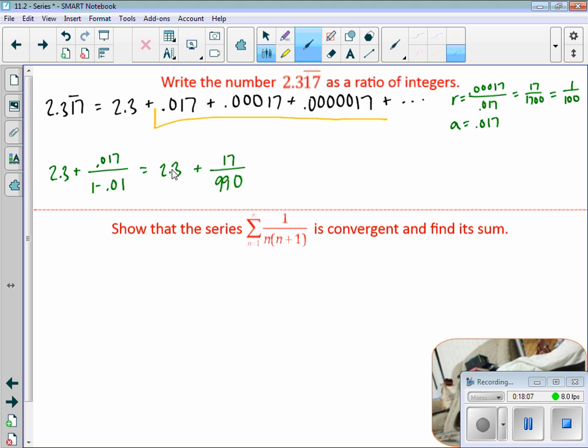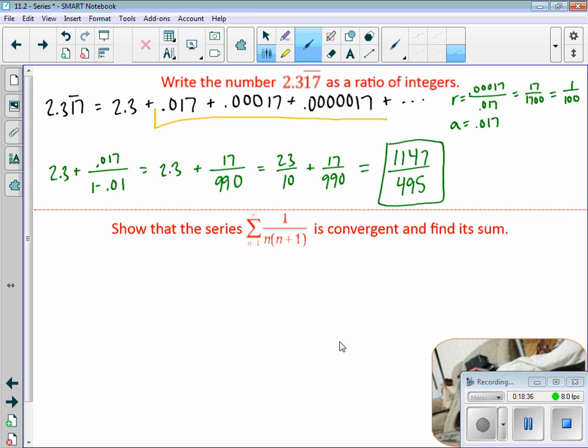And then I could write this as 23/10, get a common denominator. And if I get a common denominator and reduce it, I get 1147 over 495. Top and bottom divides by 2. But if you typed this in your calculator, you would get the original there. If you're not getting the original, something went wrong.